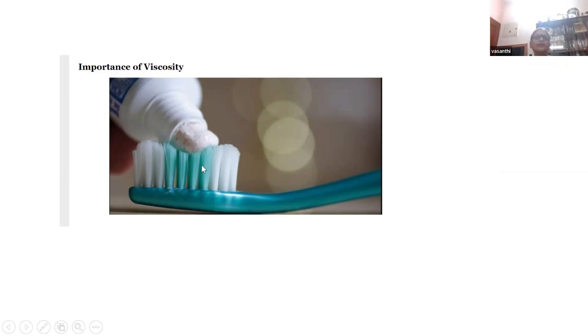If the toothpaste material is very thick, you have to apply a larger force for it to come out. And if it is very thin, it will flow and the entire tube will get emptied soon. So the fluid viscosity has to be optimum, so that with minimum force the toothpaste comes out and it does not overflow.